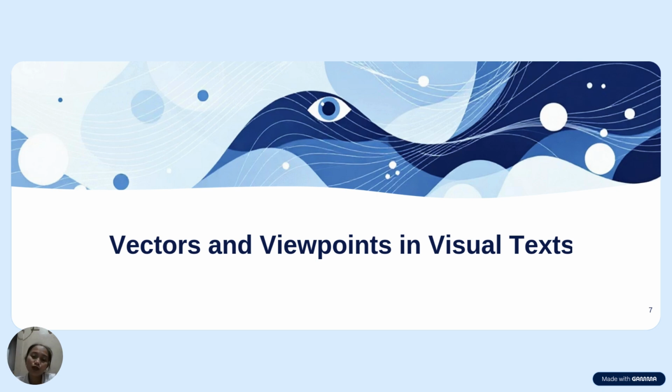You may not notice at first, but visuals are designed carefully so our eyes move in a certain direction or see things from a certain angle. By learning this, we will understand visuals like a real analyst.